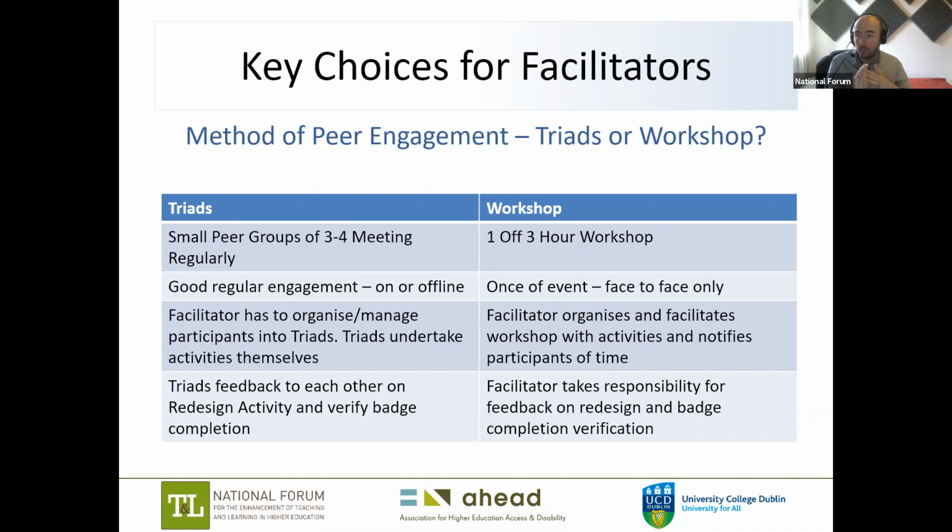Whereas in the workshop method, the facilitator takes responsibility for the feedback on the redesign and the badge completion and verification. So there's a lot more admin at the final end of the course for facilitators using the workshop method, because they have to read whatever it is, 30 redesign activity reports, and they have to do a bit more homework on whether they've met the badge criteria. In other words, they have to make sure they keep good attendance sheets for the workshop, etc.